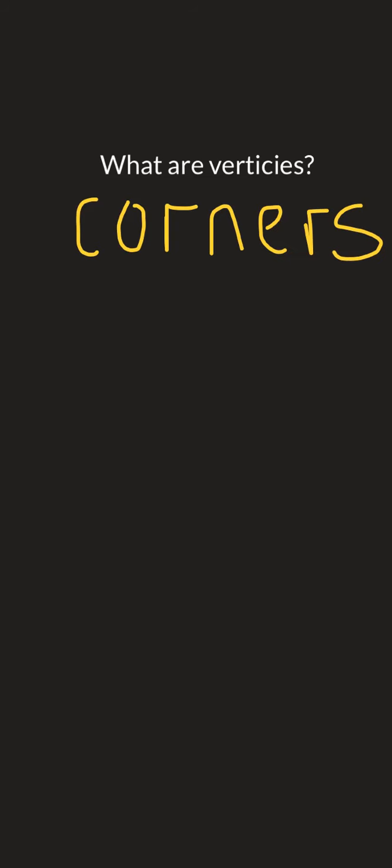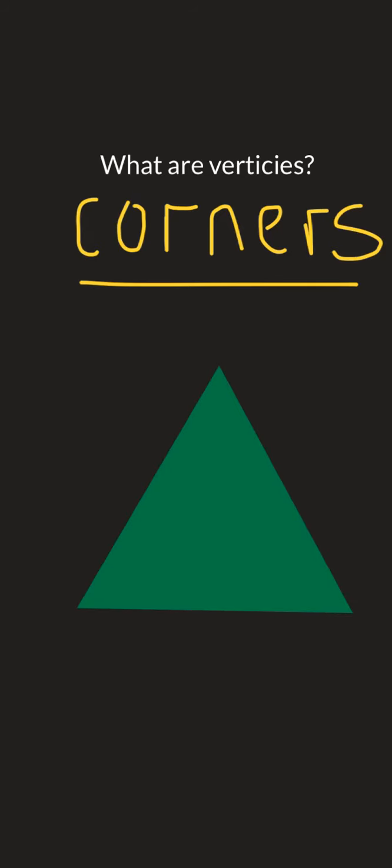What are vertices? Vertices means corners. In this triangle, you can see we have got 3 corners.